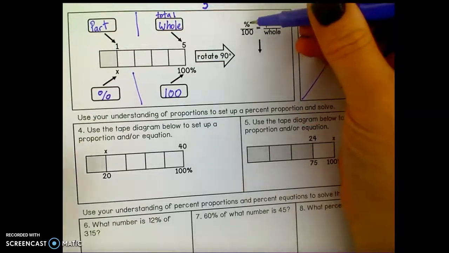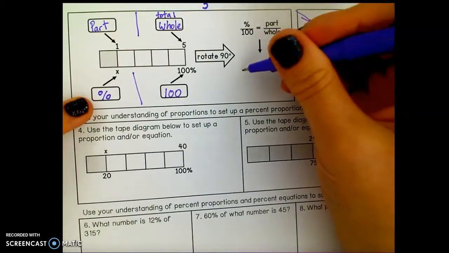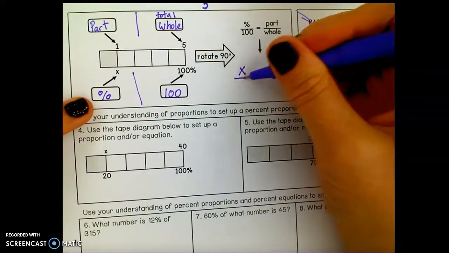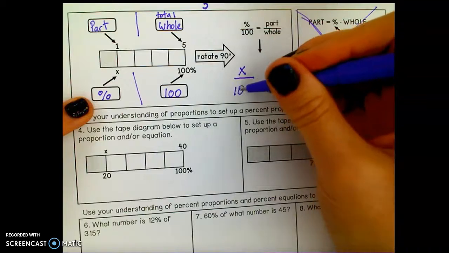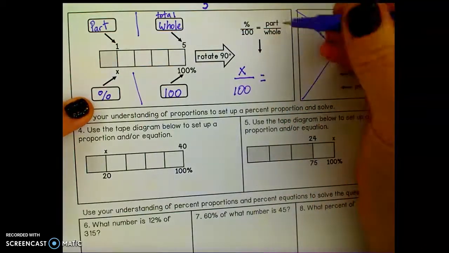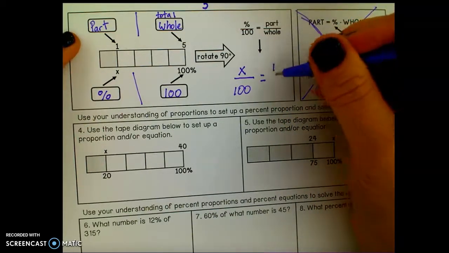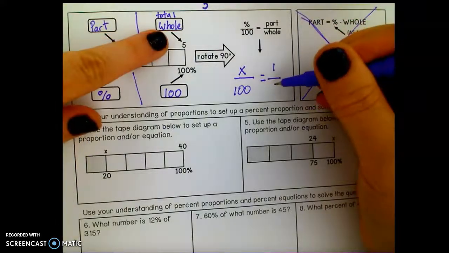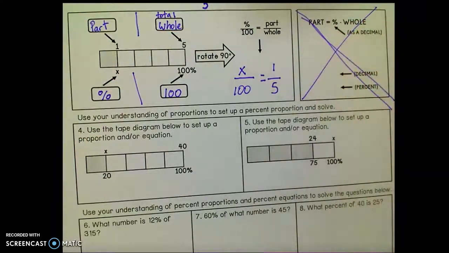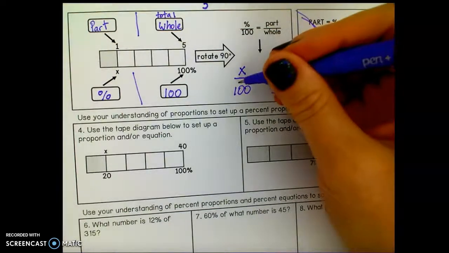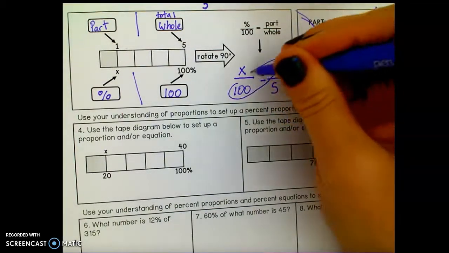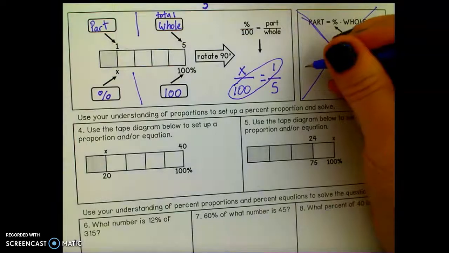Okay? So we have the percentage, which right now, I don't know what the percentage is, out of 100, equals part would be 1, whole would be 5. Look, it's a proportion. So we can cross multiply and solve. So 1 times 100 gives me 100.